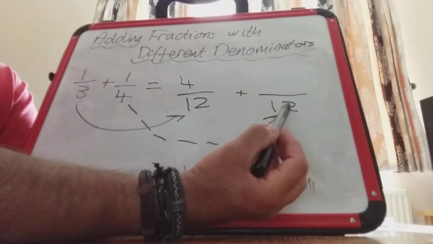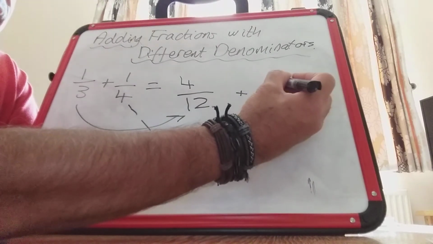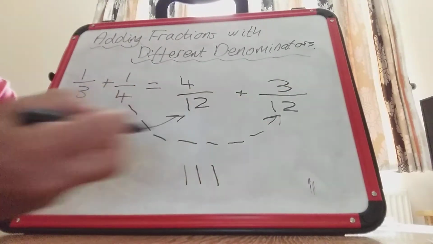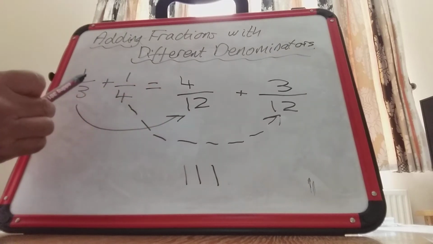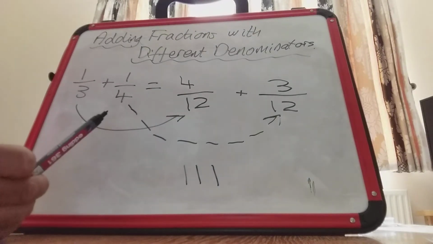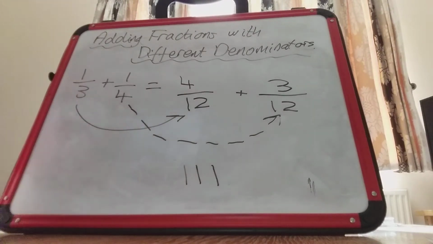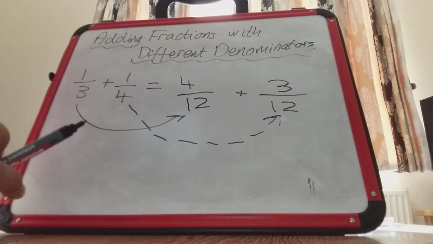So the top number, the numerator, has to be multiplied by 3 as well. 1 times 3 is 3. And if you're thinking, well, hang on a minute, the 3 and the 4, and then the 4 and the 3, there's just the same numbers reversed. Yes, that does work. That is how it's supposed to work, and that's what happens.